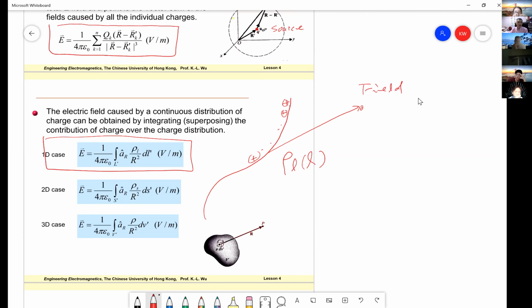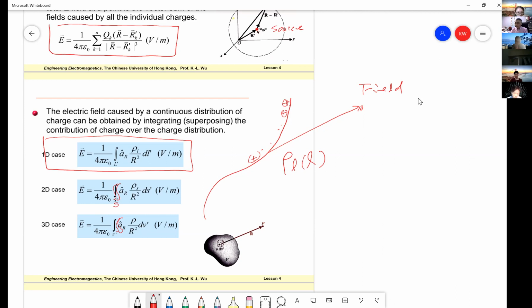Or if the charge is distributed over a surface, then we have a 2D case, so this integration becomes surface integration. Or volume integration, if the charge is distributed over a volume.